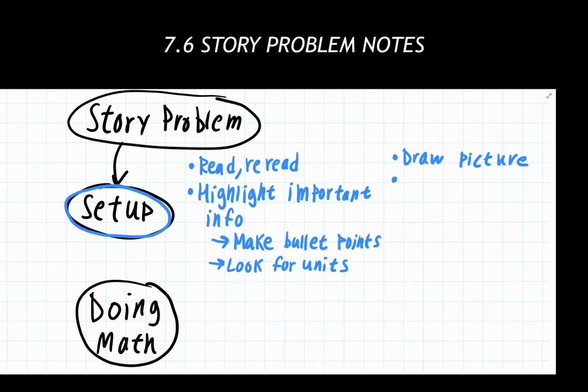When you draw a picture, this is a great opportunity also to label that picture with the necessary information that you found earlier in the problem. All of this is to get the information down on paper for yourself so you don't have to memorize what the problem says, which pieces of information are important, which ones aren't relevant, and where they go in the context of the problem.